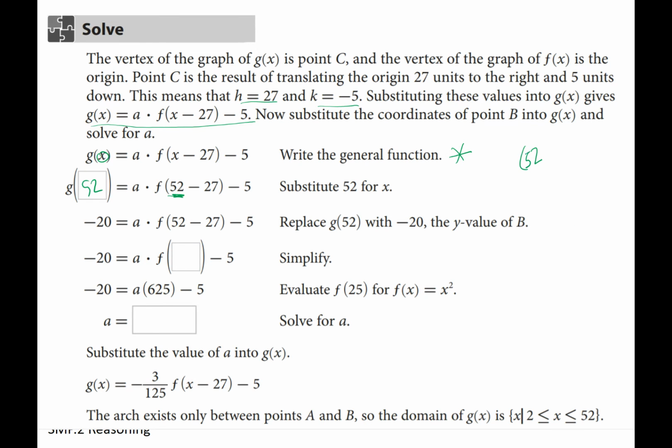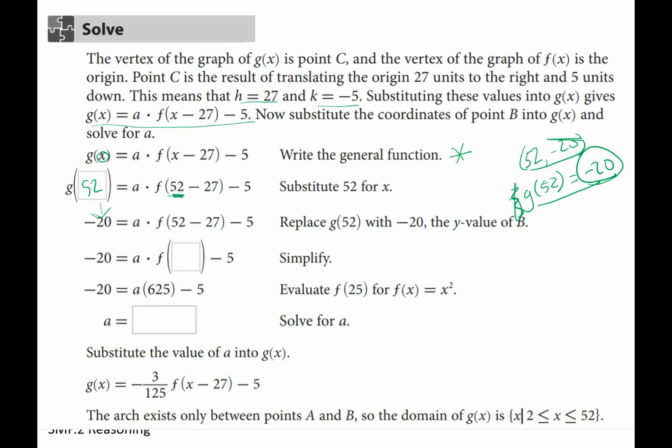Another fancy way to write that is, in this case, g of 52 equals -20. See how it's the same thing? It's just written here as a function, and then here is a coordinate point. So it means the same thing. So we know that g of 52 can be replaced with -20. So that's what they did here.